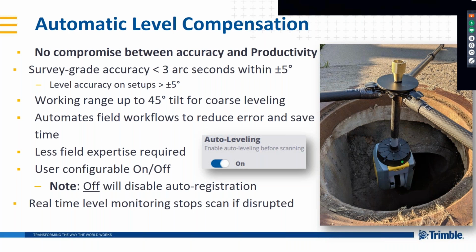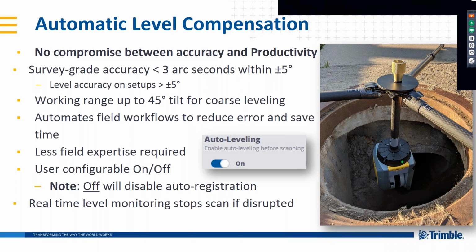But as part of the adjustment process that we do with the data after the scan is done, we can correct for anything above those ±5 degrees, so that we can pull this into the right level. Now, this is a function that you actually can turn on and off.